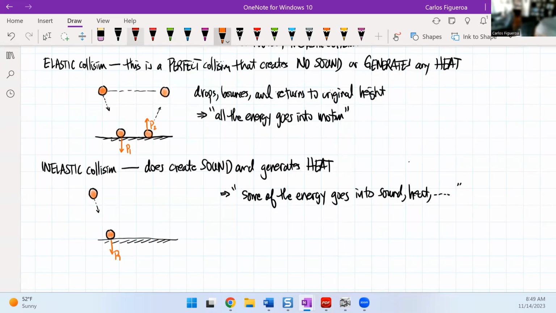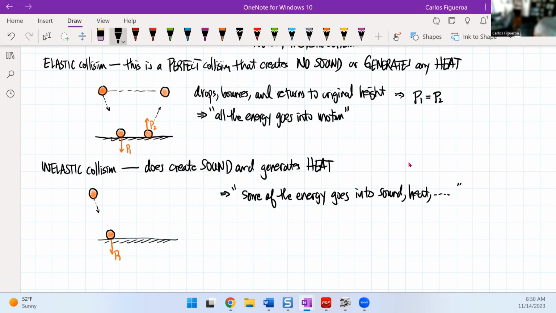By the way, in the elastic case, before and after the collision, which I did not state, the momentum of 1 is the same as the momentum of 2.